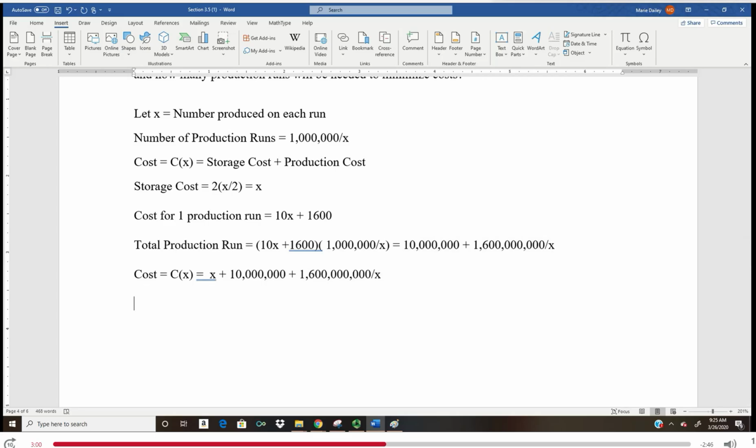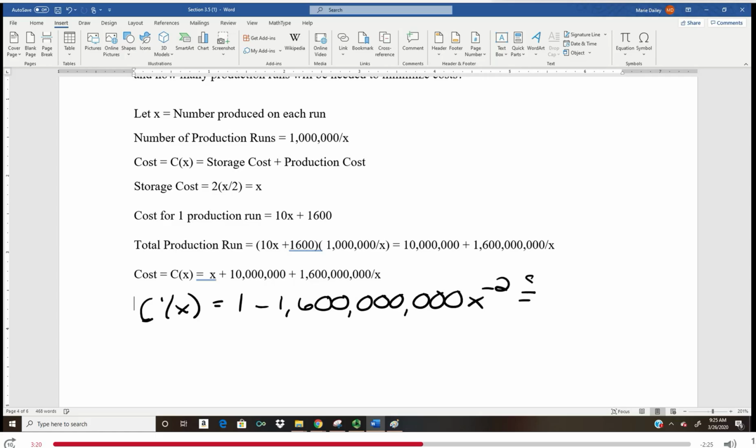Again, we hear the word minimum, so we are automatically thinking we should take that first derivative. This will be C prime of X is going to be 1 minus 1,600,000,000 X to the negative second power.